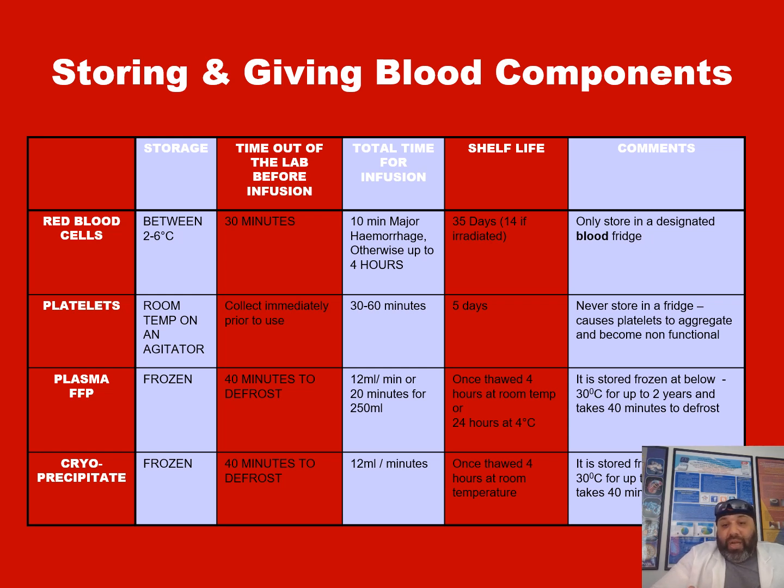Once thawed out, they can be left at room temperature for around 24 hours. But safe practice would be that they should go in a fridge at fridge temperature, in the same way that red blood cells would be.